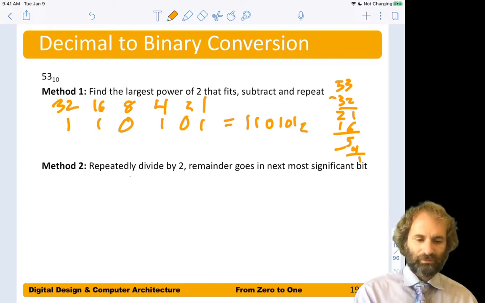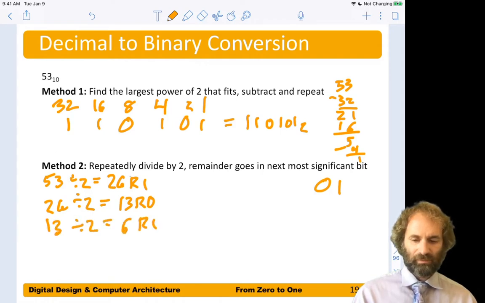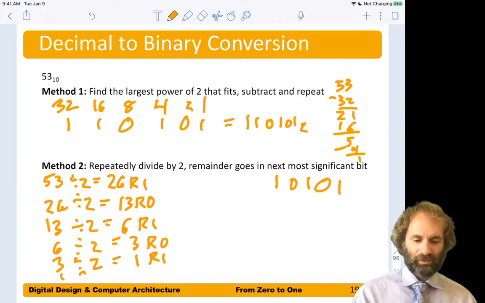So 53 divided by 2 is 26 remainder 1, so that 1 goes in the bottom bit. 26 divided by 2 is 13 remainder 0, so we get a 0. 13 divided by 2 is 6 remainder 1, so we need a 1. 6 divided by 2 is 3 remainder 0, so we get a 0. 3 divided by 2 is 1 remainder 1, and 1 divided by 2 is 0 remainder 1.